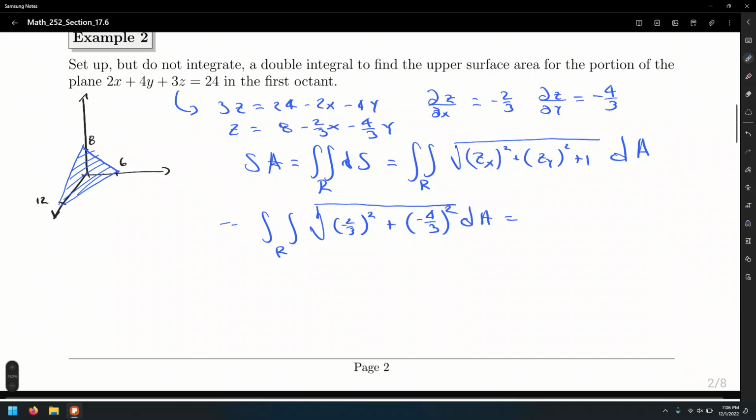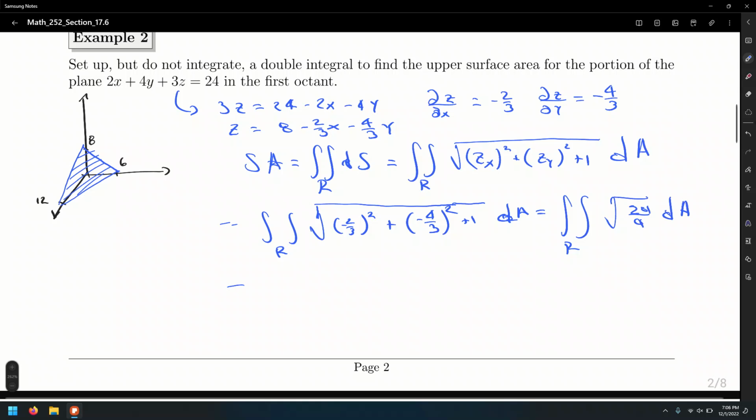Simplifying the radicand, that's 4 over 9 plus 16 over 9, is that 20? Oh, I'm missing a 1, right? I'm missing a 1. That's true. Yes, dA. Thank you. So that's the double integral of r of the number. After simplifying this, we should get 29 over 9 dA.